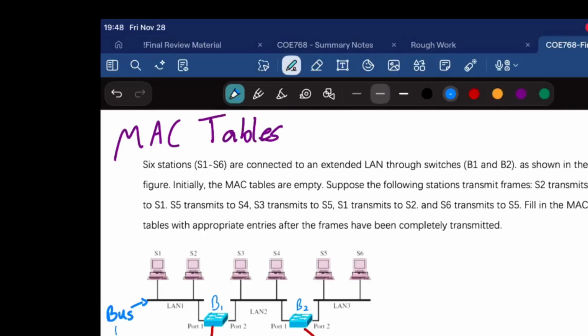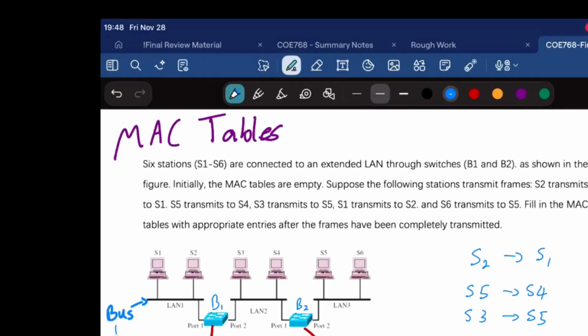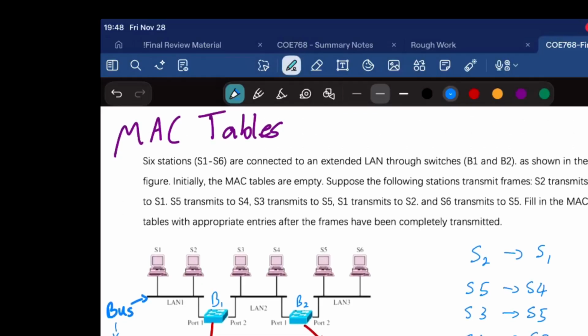Suppose the following stations transmit frames: S2 goes to S1, then S5 goes to S4, S3 going to S5, S1 going to S2, and S6 going to S5.